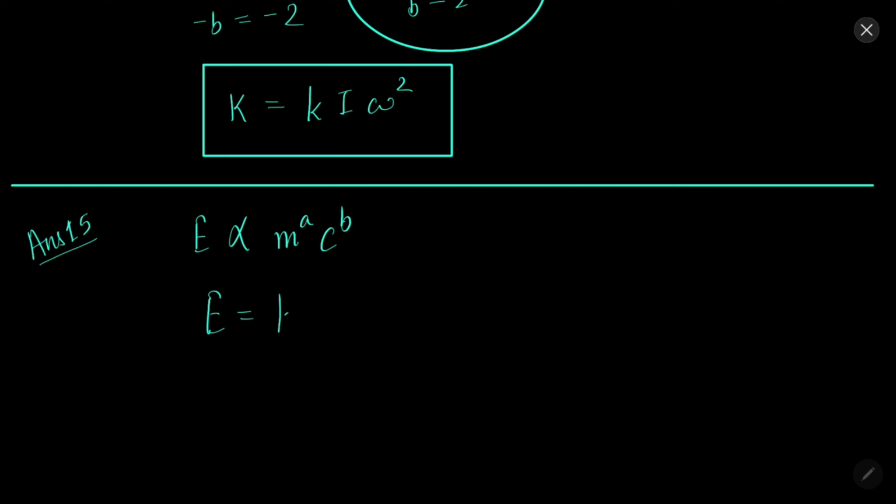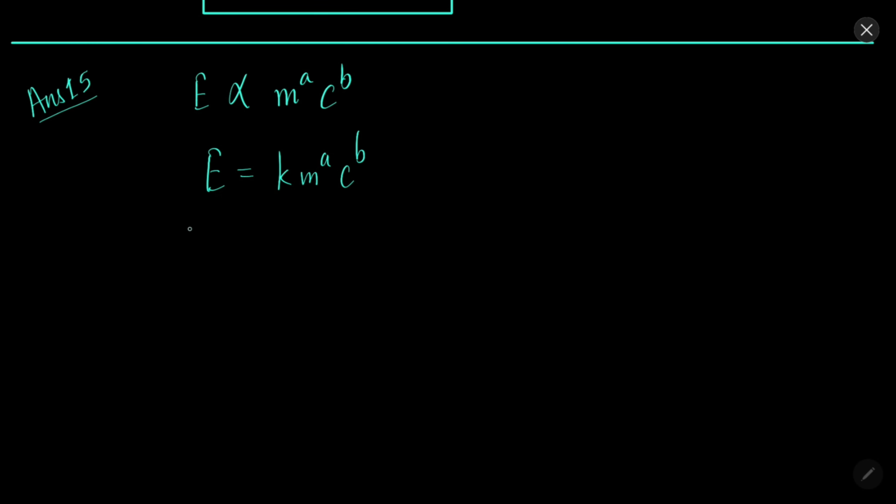So E can be equal to k m to the power a c to the power b, where k is any dimensionless constant. Now let's put the dimensions: M L square T minus 2 for energy, then k, so let's ignore k. For mass we have M to the power 1 and this power a, and for speed of light, this is a velocity, so L T to the power minus 1 and its power will be b.